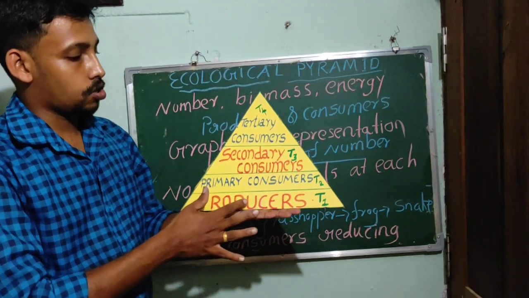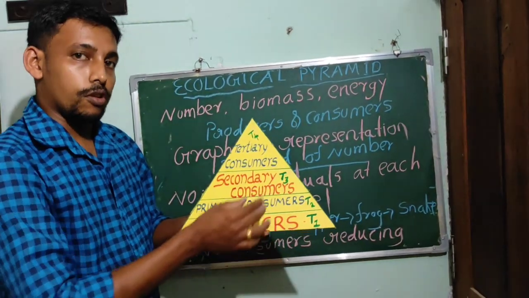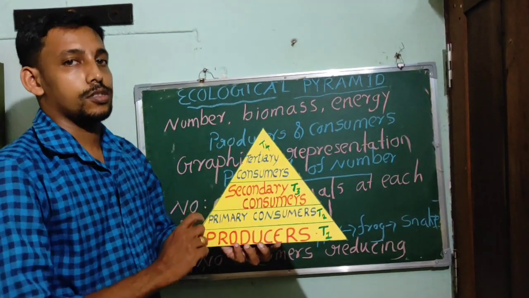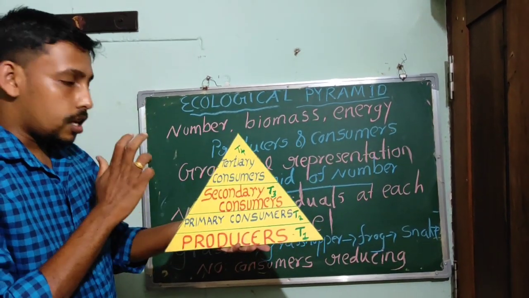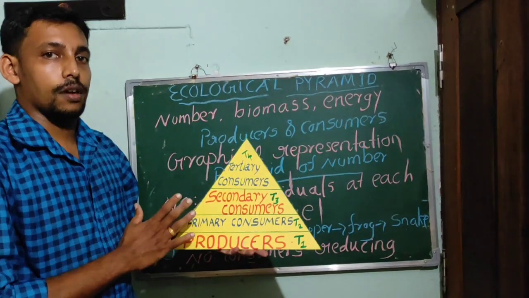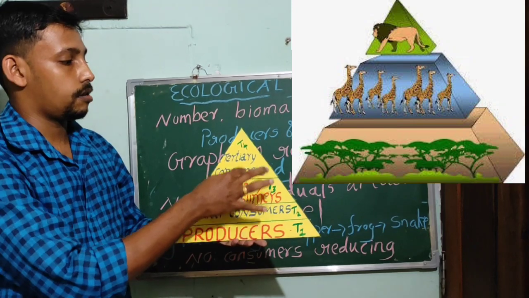So this is the first trophic level. Always at the base level there are producers, then primary consumers, secondary consumers, and tertiary consumers. So this pyramid of number shows the number of individuals at each trophic level. How many individuals are there here, here, here, and here.